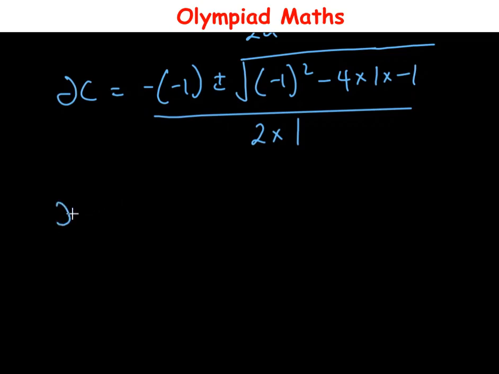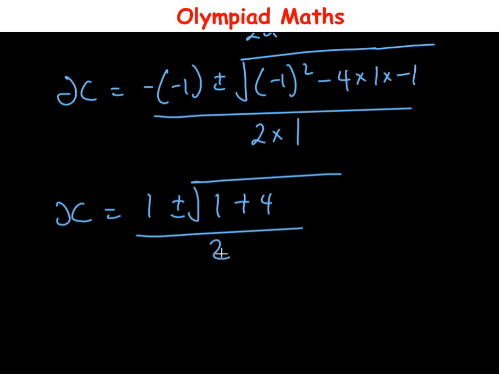So with this, x is equal to minus times minus 1 is plus 1, plus or minus square root of minus 1 squared is 1, then minus 4 times minus 1 is plus 4, all over 2 times 1 is 2. From here, x is equal to 1 plus or minus square root of 1 plus 4 is 5 over 2.